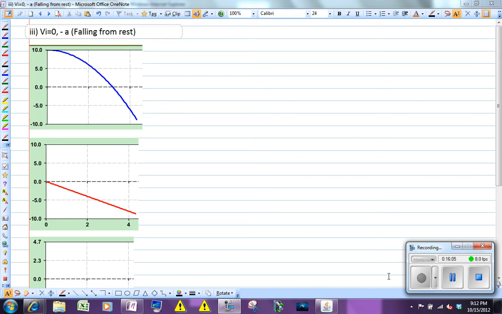Again, on the position time graph, you can see it curves down, so you know it's a negative acceleration. If you take the slope in the beginning, you'll see 0, a little negative, a lot negative, which tells you the value of the velocity goes from 0 to a little negative to a lot negative.